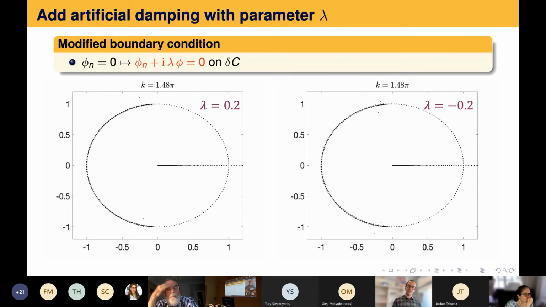It doesn't affect the continuous spectrum though, because that's dictated by the quasi-periodicity that's given by the ambient wave component. On the left-hand side, you see that for a positive value of lambda, I'm pushing the discrete spectrum in one direction, and on the right-hand side, the negative value, I'm pushing in the opposite direction.